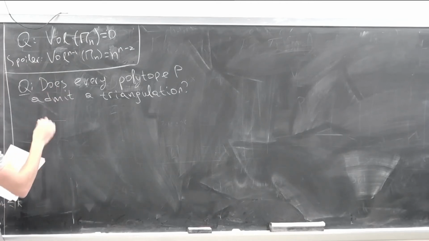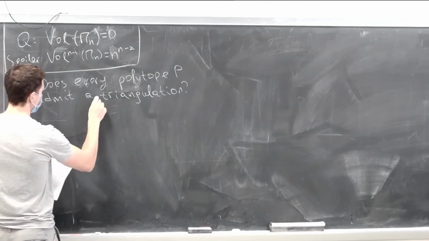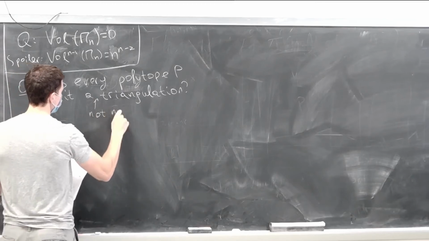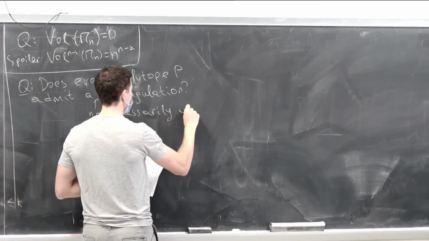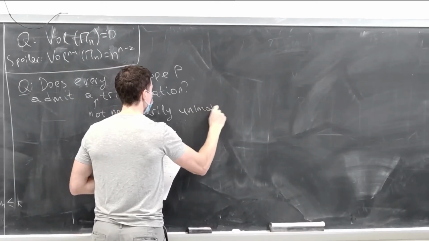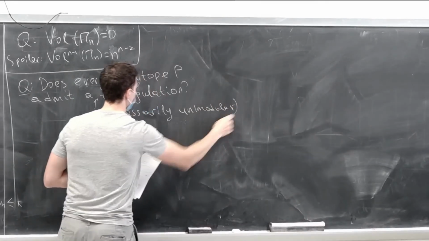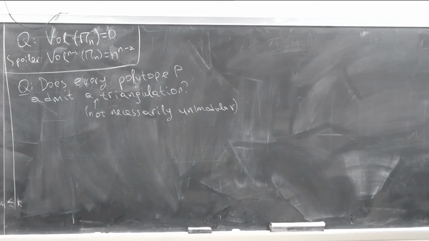Forget about not necessarily unimodular triangulation. I see. So you want to take a polytope, remove one vertex, and triangulate the rest, and somehow add this vertex and add an extra triangulation.